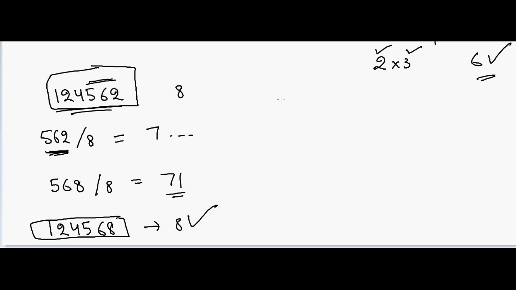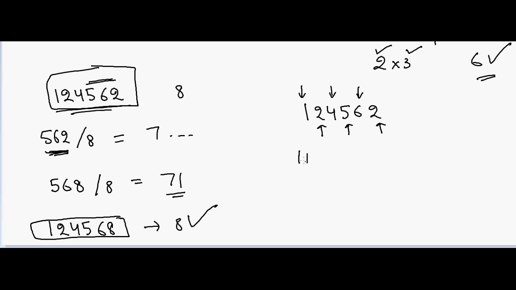Now let's talk about the divisibility by 11. So if I have 1 2 4 5 6 2, and I want to find out whether this number is divisible by 11. So what I'll do is I'll take the alternate numbers. So 1, this number, and this number. So I'll take this and this, and then I'll take this number and this number, and I add them together.